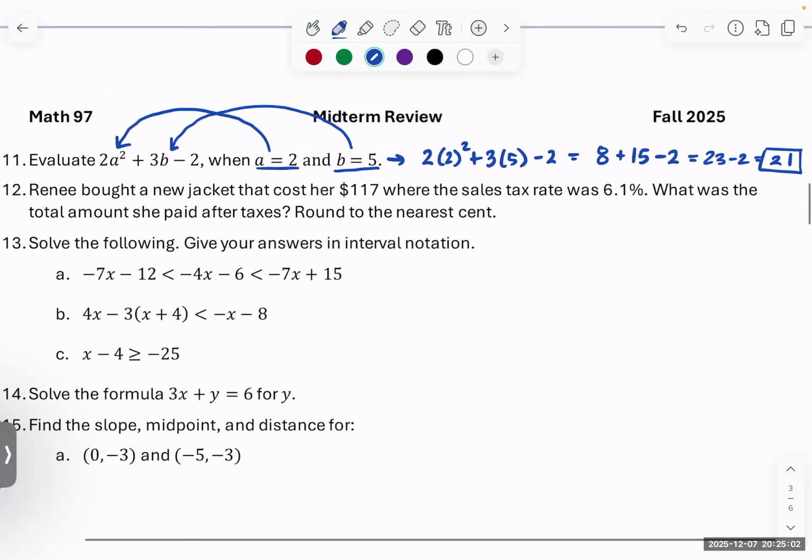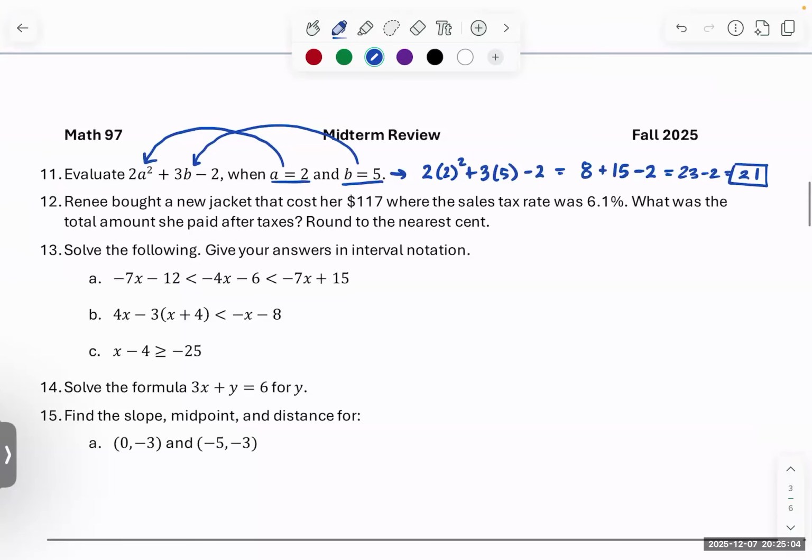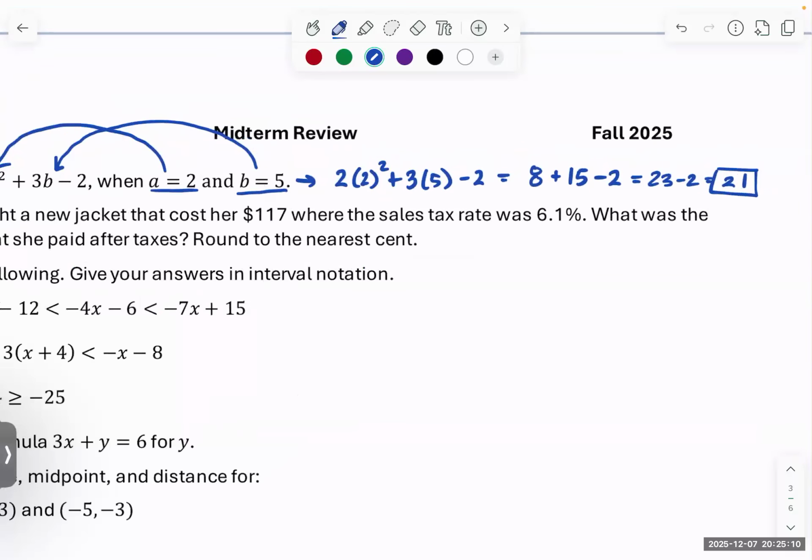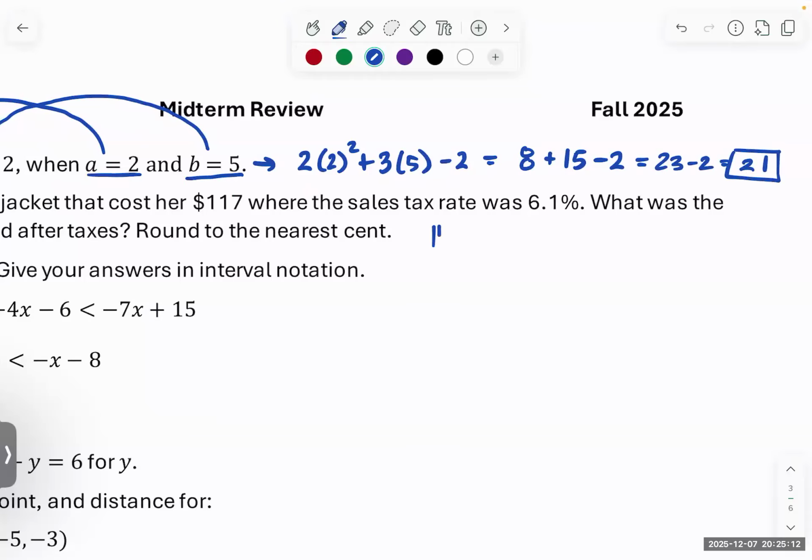Now, Renee bought a new jacket that cost her $117, but the sales tax rate was 6.1%. What was the total amount she paid after taxes? So essentially, you're going to take the price of the coat times 1.061, because that's 100% of the price, which is $117, plus 6.1% of that.